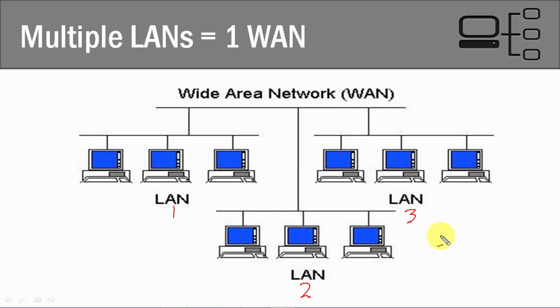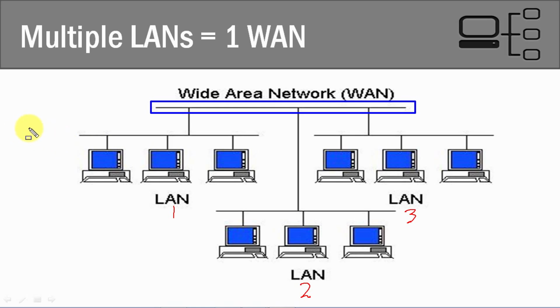So we have 3 distinct LANs, but when we connect them together across a single communication line, they become a wide area network. Let me change this to a different color so it makes more sense. Let's make this blue. When they connect here and are able to communicate, these 3 LANs become a wide area network. So we have 3 different LANs becoming one.